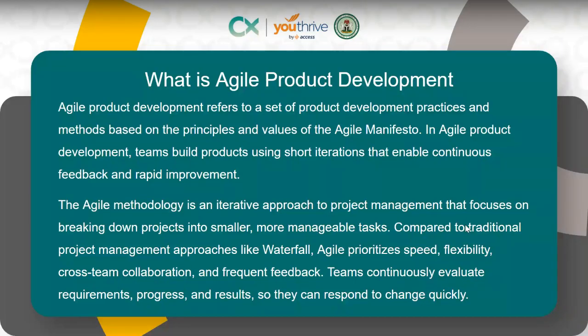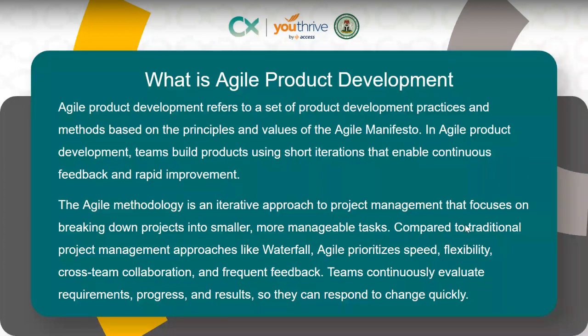So that you can quickly get feedback and know whether there's anything you need to change, improve on, or enhance before you continue to the next phase. That's the beauty of Agile. Agile methodology is an iterative approach to project management that focuses on breaking down a project into smaller and more manageable tasks.